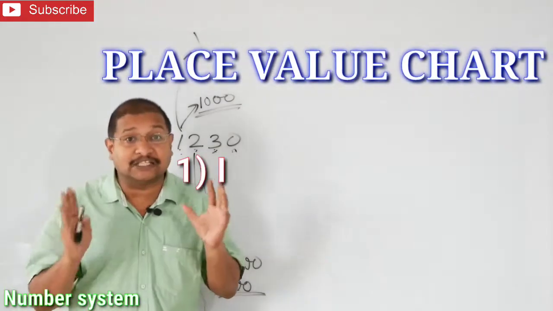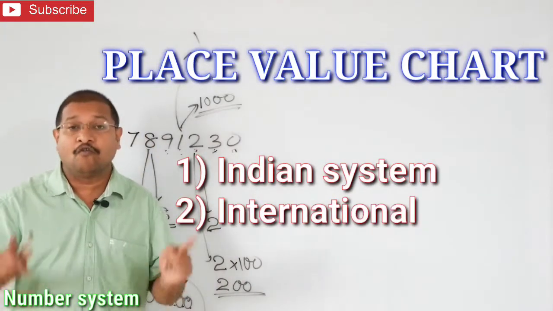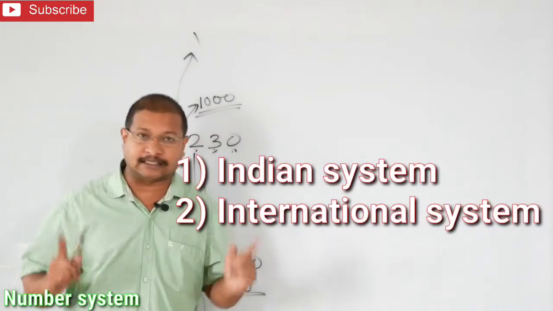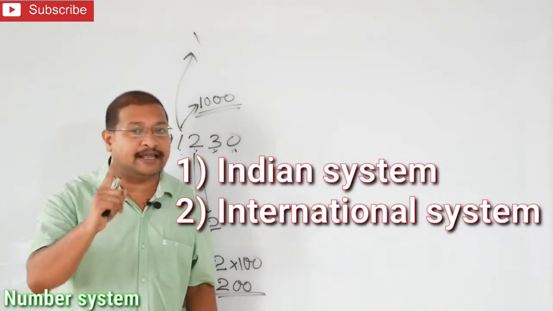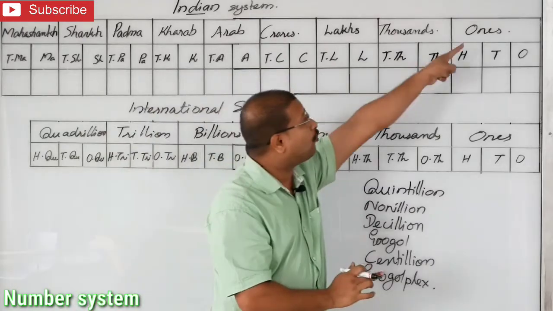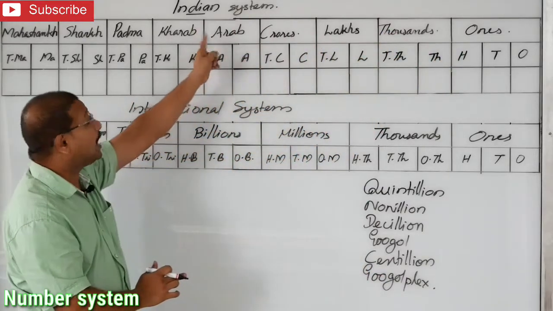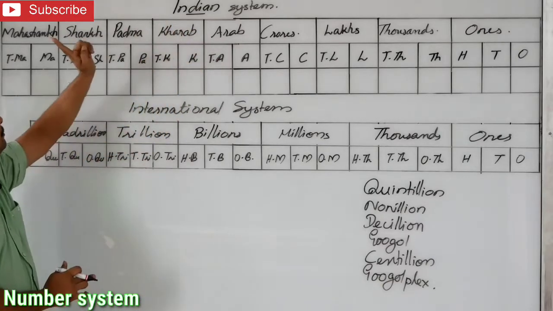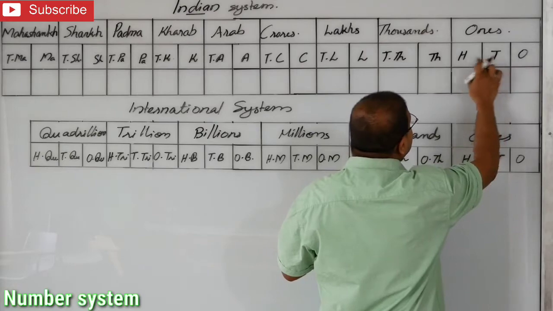Now let us see place value chart. In place value chart, we are using two systems. One is Indian system and the other one is international system. Let us see first Indian system. In the case of Indian system, it starts by ones, thousands, lakhs, crore, arab, karab, padma, shank, mahashank. Start like this: ones, tens, hundreds.